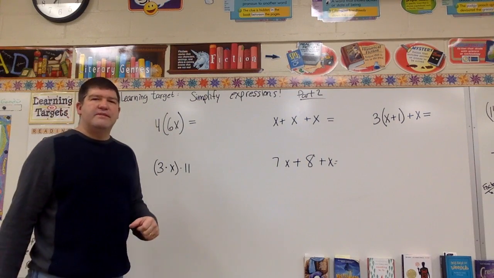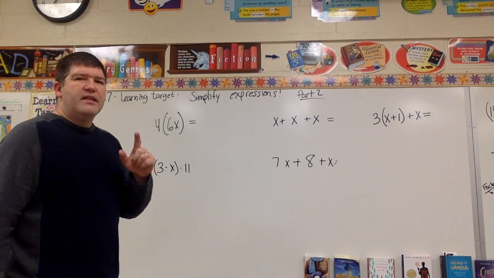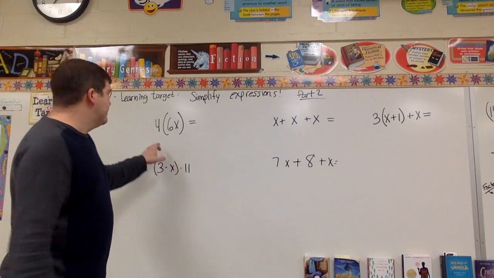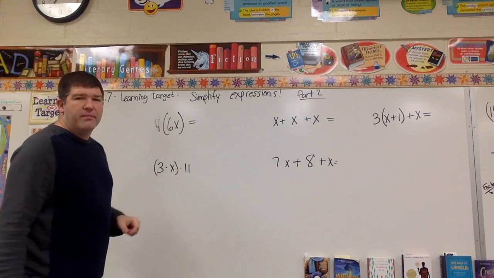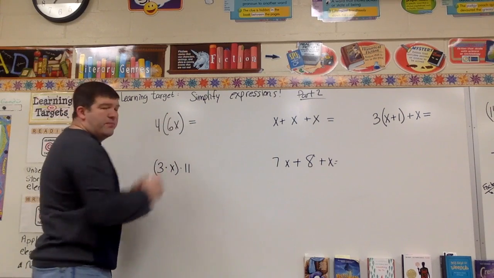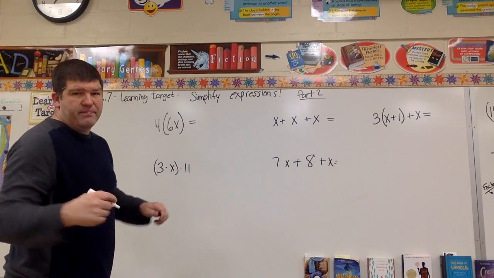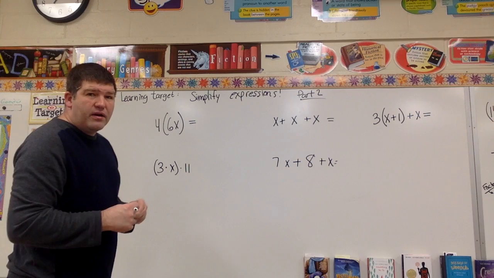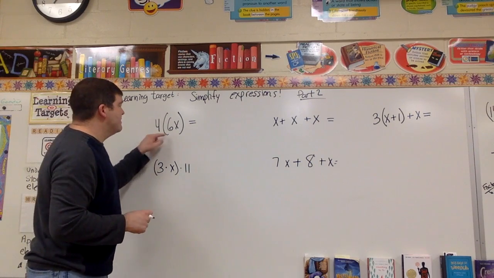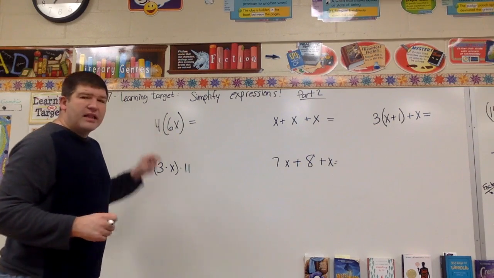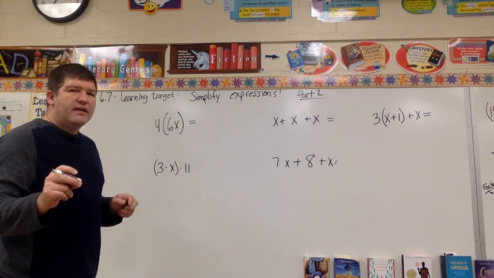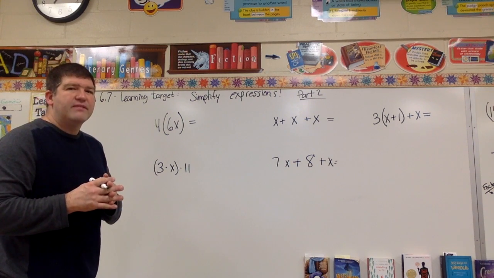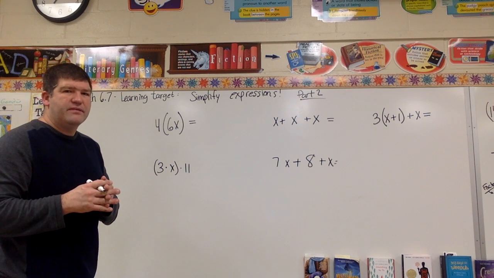How can I put these together? Now, this is multiplication. The parentheses tell me that if I'm separated by parentheses, I multiply them. Now, 4 times 6x, they're not like terms, but it's okay, and I can put them together because it's not addition or subtraction.